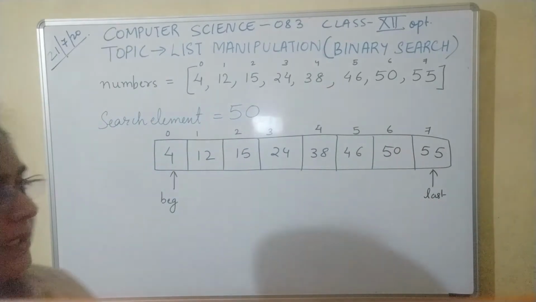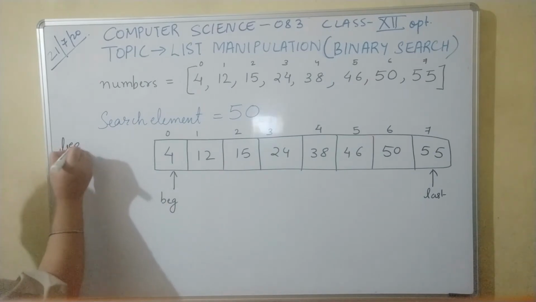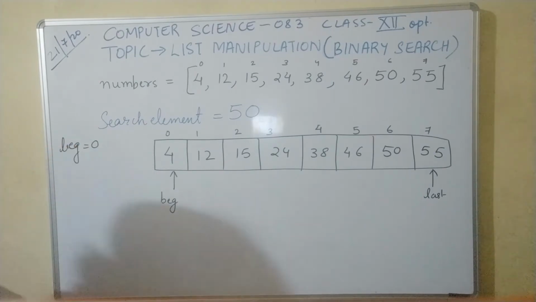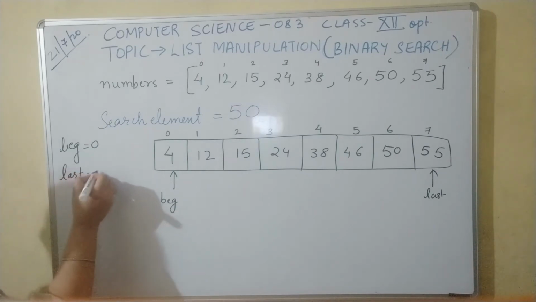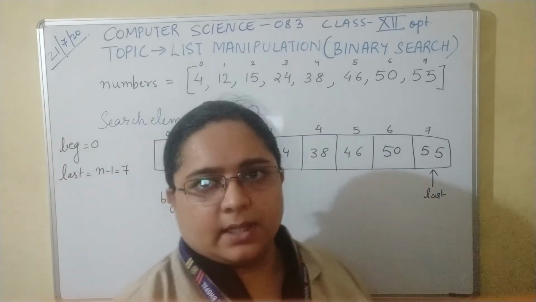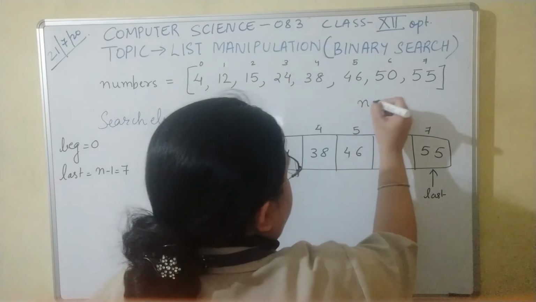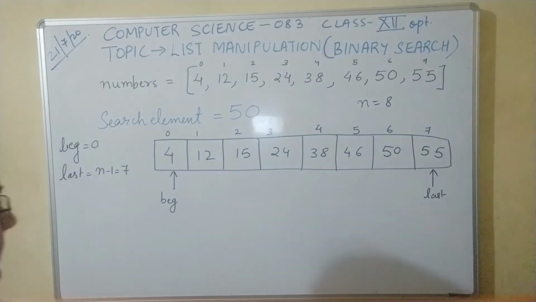The first index is beg, and the first index I'll be providing it over here as 0. This is beg, and last is provided as n minus 1, and in this case it is 7. N is 8 over here, that is, this list contains a total of 8 elements.